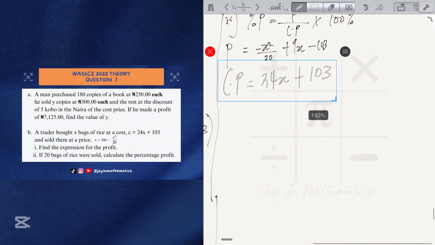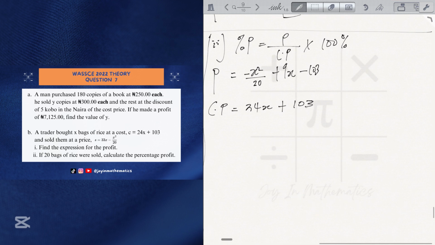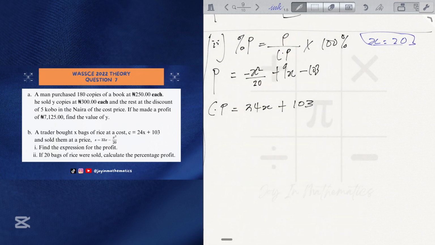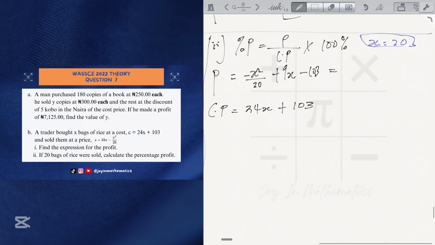So all we just have to do now is to find the values, given that x bags, 20 bags were sold, so x is equals to 20. So let's make our substitution. So wherever we see x, we substitute 20. So we'll have minus 20 squared divided by 20 plus 9 into 20 minus 103.